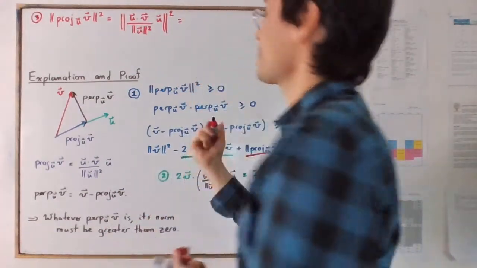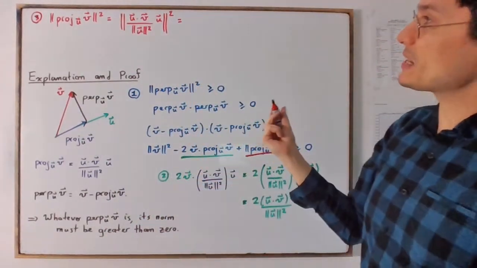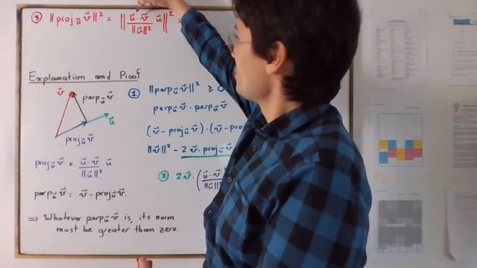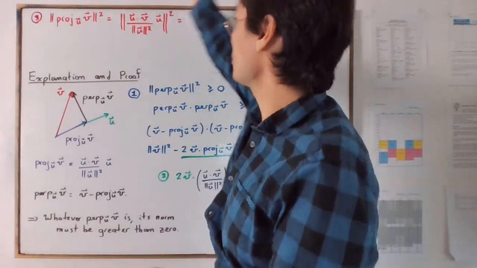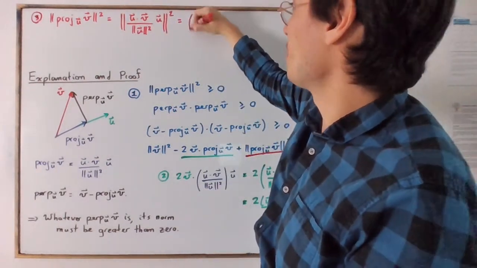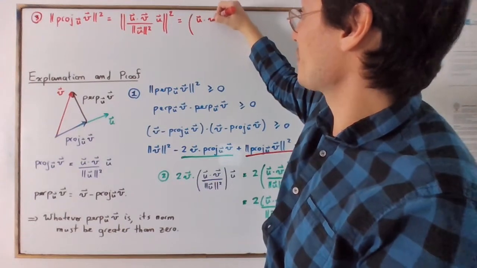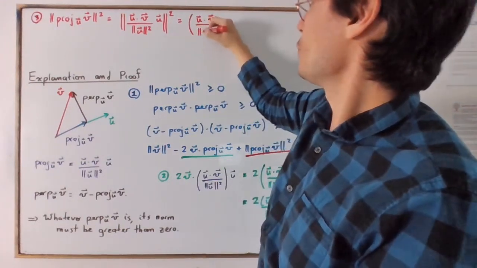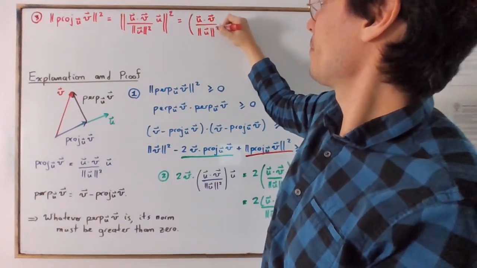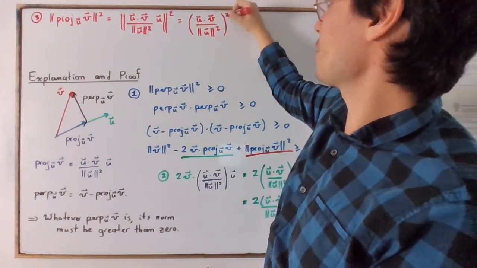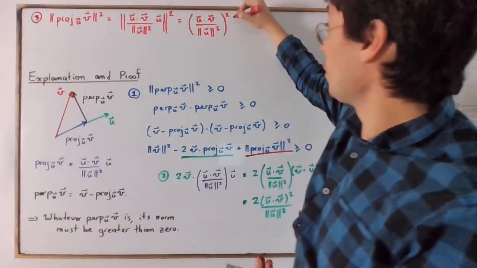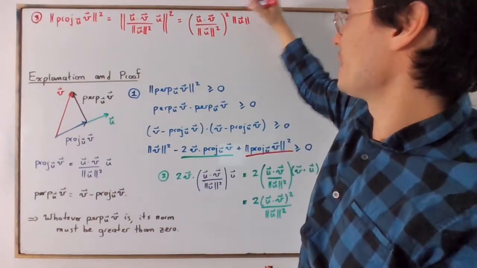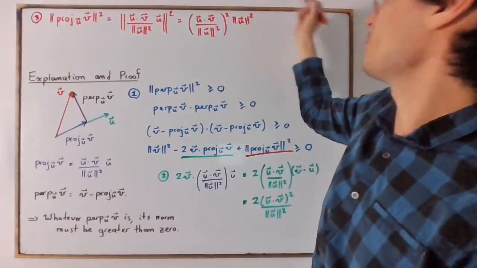And that's going to give us something really simple when you think about it, because this constant will come out being squared. Okay, so we will get here u dot v over u squared, and all of this will be squared, and then we will take the norm of this vector u right here, that we will square.